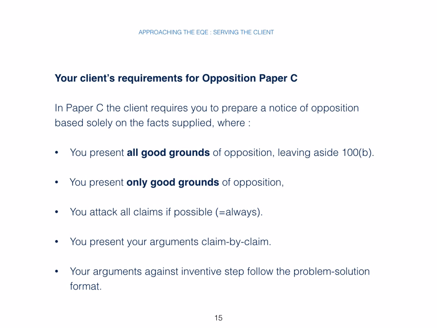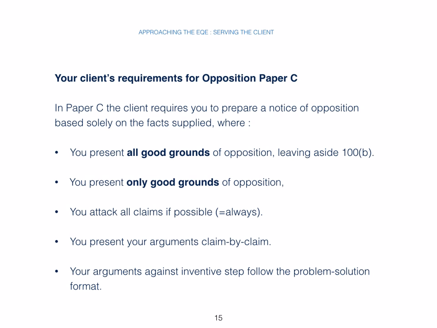Firstly, you present all good grounds of opposition, leaving aside Article 100(b), which is sufficiency of the disclosure or insufficiency, and you must present only good grounds of opposition, which means that you have to leave aside poor or weak grounds of opposition, spurious grounds, speculative or tactical grounds of opposition, which means that your examination statement of opposition is going to go against the practices of many opponents in real-life oppositions.